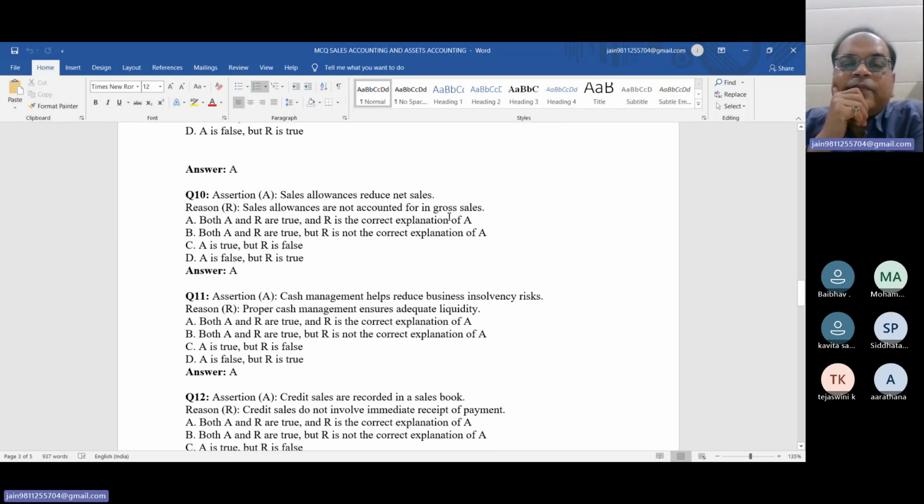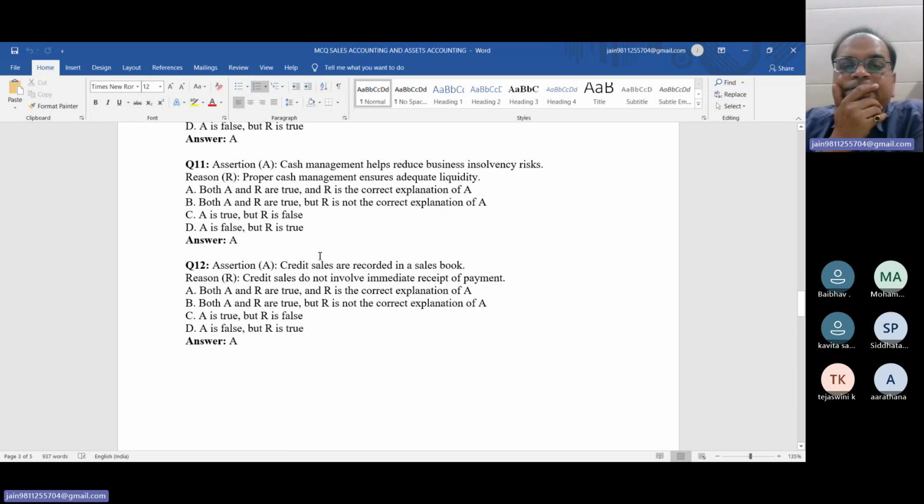This is correct, because sales allowance is not accounted for in the gross sales; it is recorded at the time of net sales. So A and R both are correct, and the explanation of A is also correct. Now check. Both A and R are true, and R is the correct explanation of A. So this is the correct answer. So the answer is A.